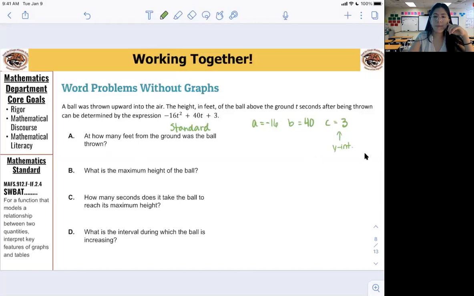Cool. So if that's my y-intercept, what does it represent in this problem? The starting height. Remember that your y-intercept is pretty much always going to be the starting value of whatever we're talking about.